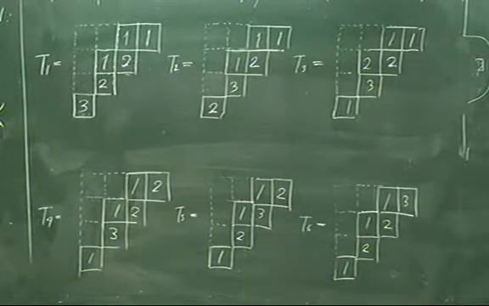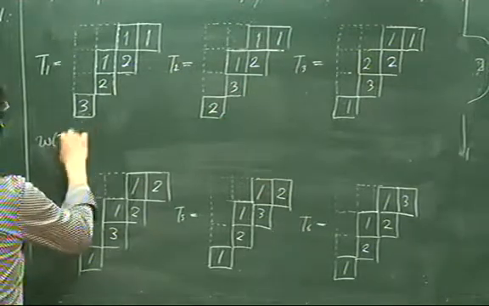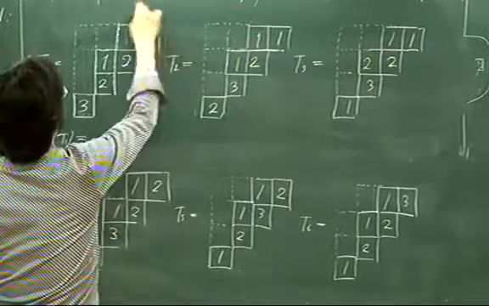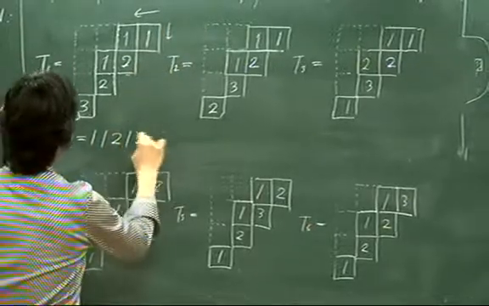These tableaux satisfy the condition of the semi-standard tableau. Among these 6 tableaux, we must find the tableau which satisfies the lattice permutation condition. The corresponding word is W1: 1, 1, 2, 1, 2, 3.